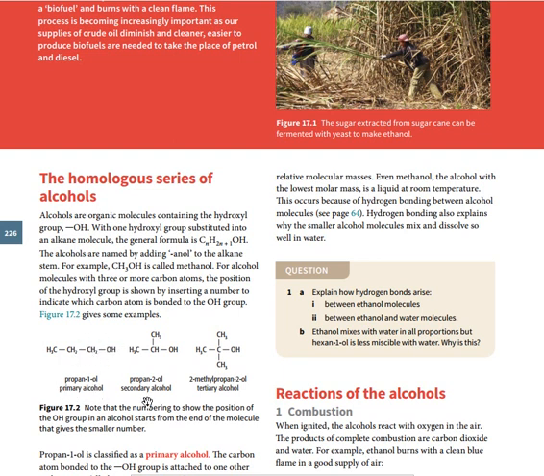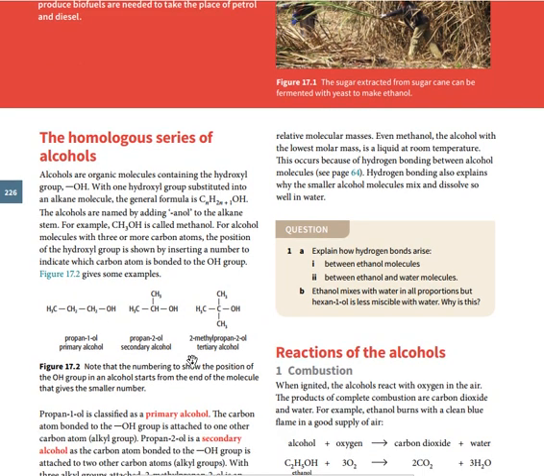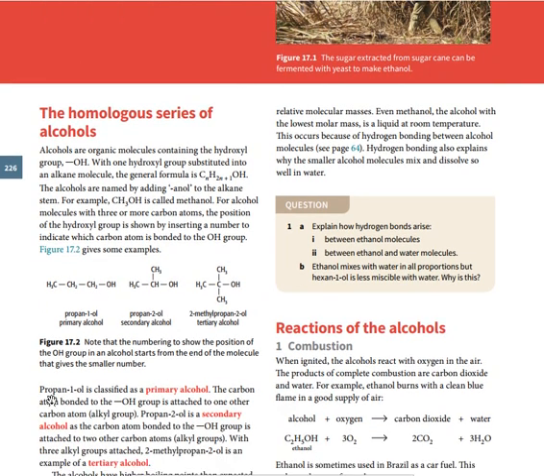For a secondary alcohol, the OH group is bonded to a CH group, and for a tertiary alcohol, the OH is bonded to a carbon atom with no H attached, only alkyl groups. Here you have only one alkyl group for a secondary alcohol, and for a primary you have no alkyl group attached to it. So this one is a primary alcohol, this is a secondary alcohol, and this is a tertiary alcohol.